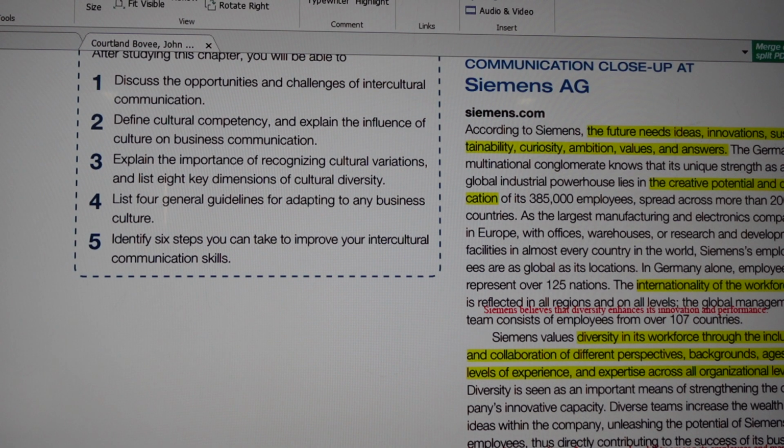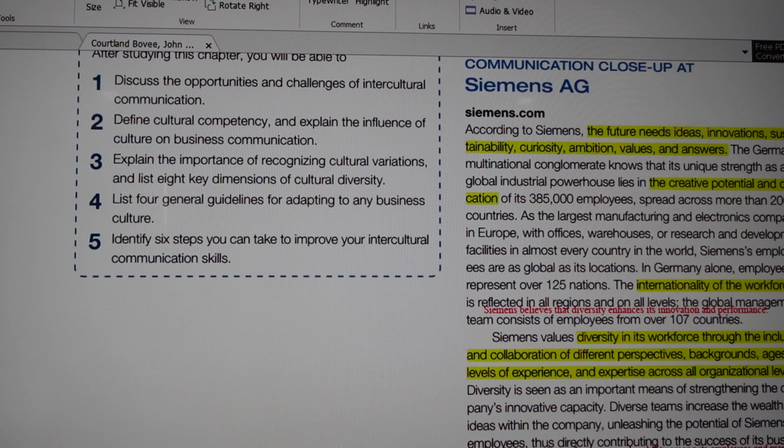Siemens, I don't know how to pronounce it, as they were expanding and becoming a global company, their CEO had one realization. What is that? If you want to do business in other cultures, you must understand their culture.